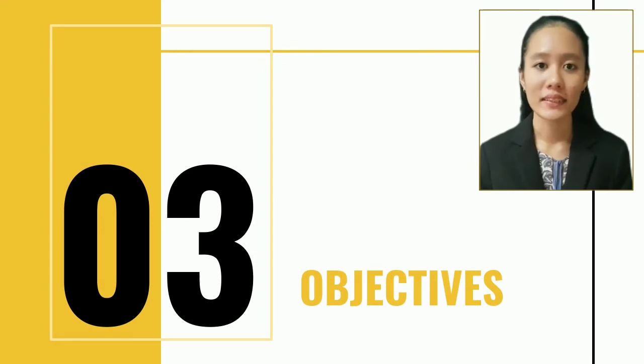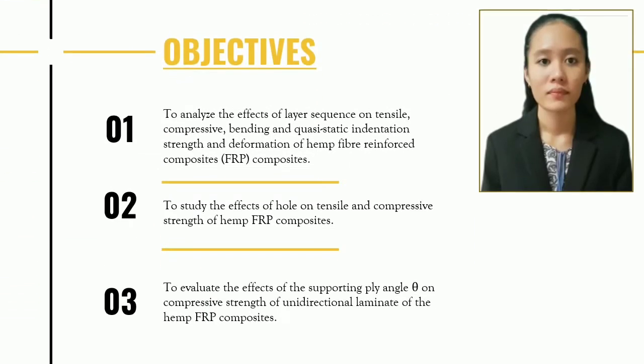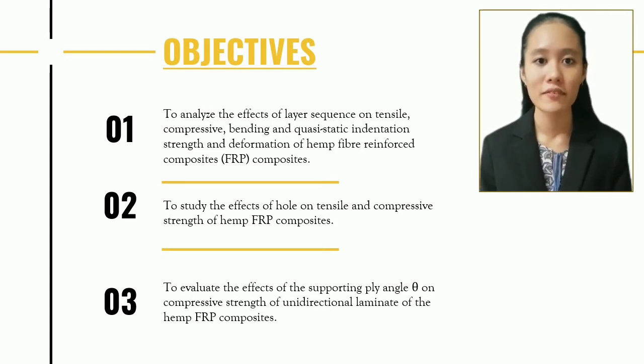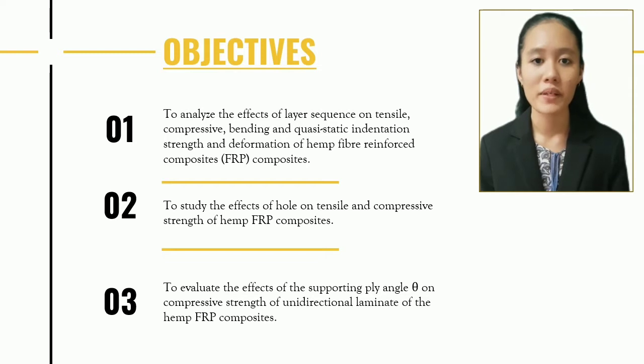The third section is the objective of this final project. There are three main objectives of doing this research. The first objective is to analyze the effect of layer sequence on tensile, compressive, bending, and quasi-static indentation strength and deformation of hemp FRP composites.